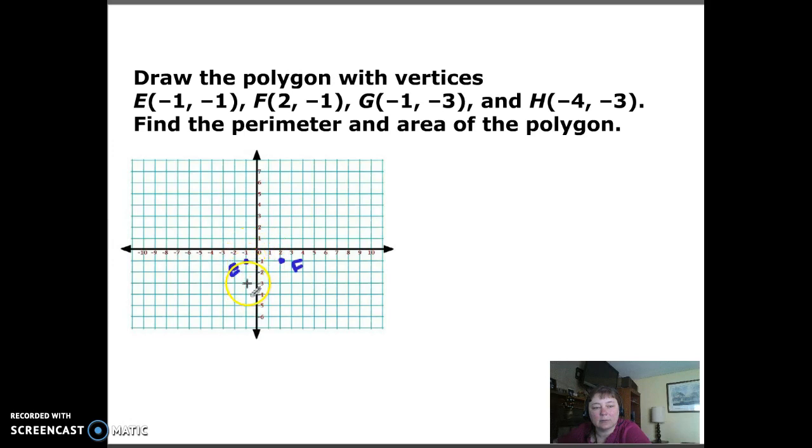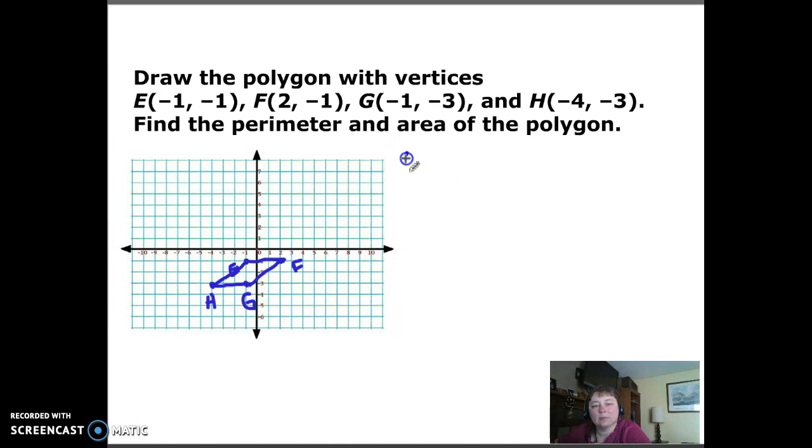And H, -4, -3. Alright, and if we draw these lines, connect them together, you would see we actually have a parallelogram.